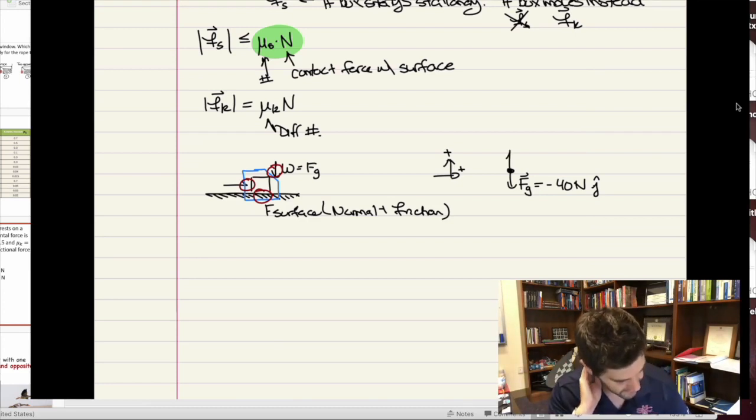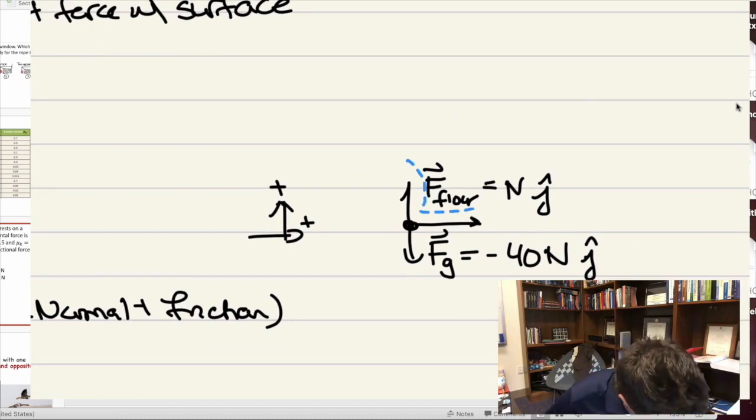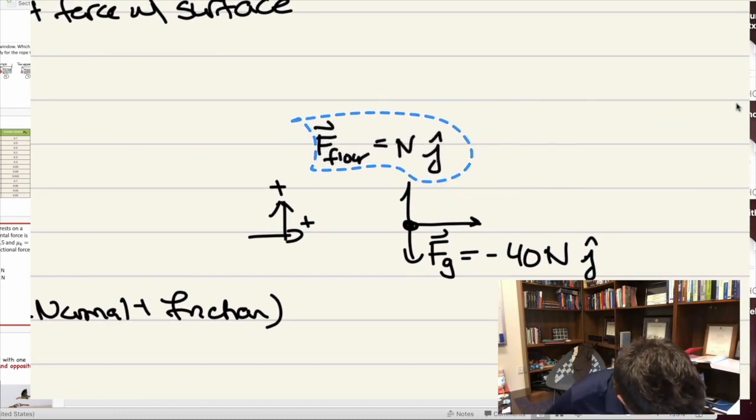There is a contact force from the surface, the F floor, or the normal force if you want to call it that, which has some value n, and it's in the vertical direction, and it is positive. I did not write these well, so I have no more room, so let me move these over.